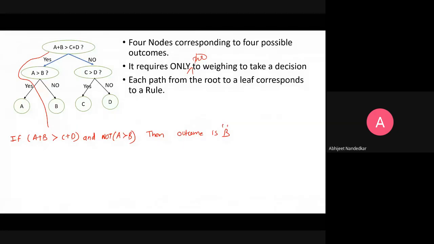Okay, so remember we are deciding amongst three actually, but with the help of only two measurements.